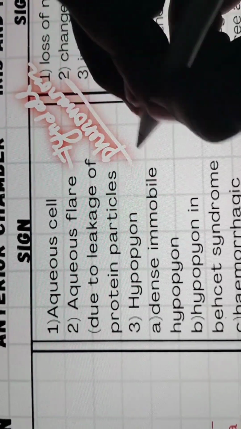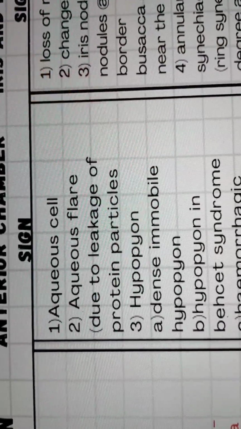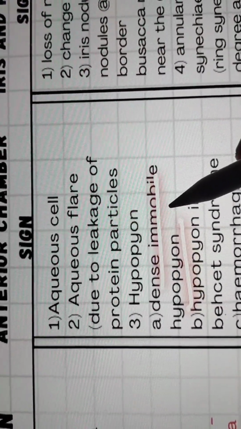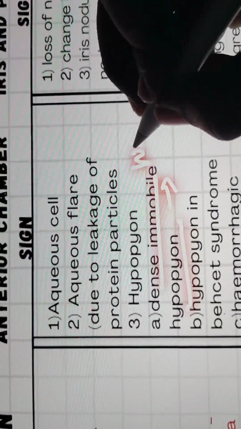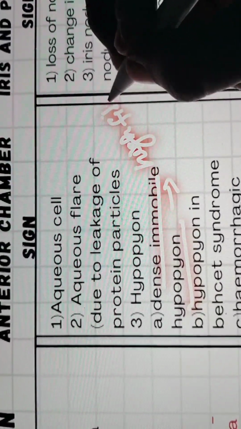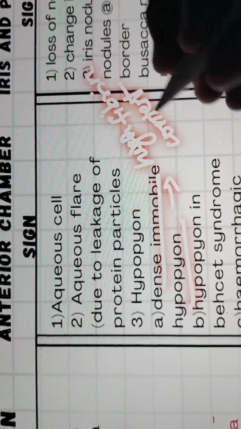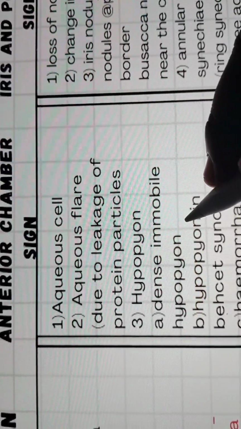Okay, Tyndall phenomenon. Now hypopyon, we have dense immobile hypopyon, that is usually with a high fibrin content. It is usually seen in acute uveitis.